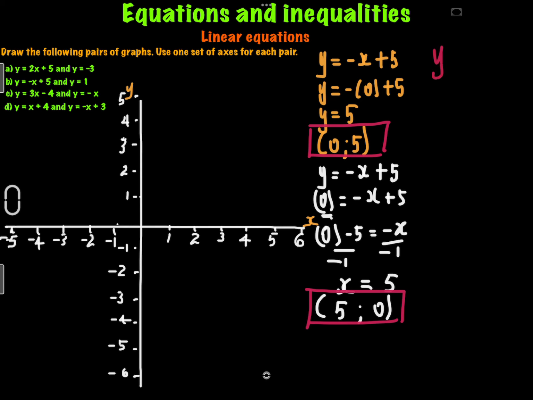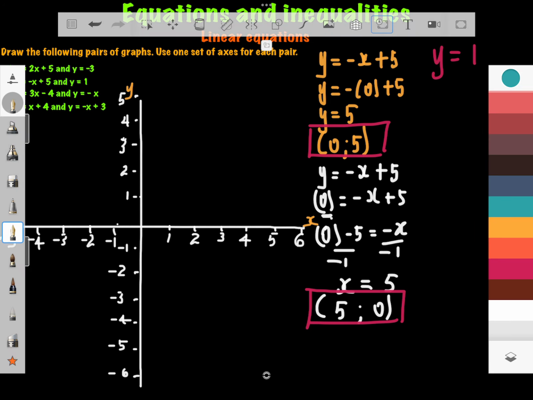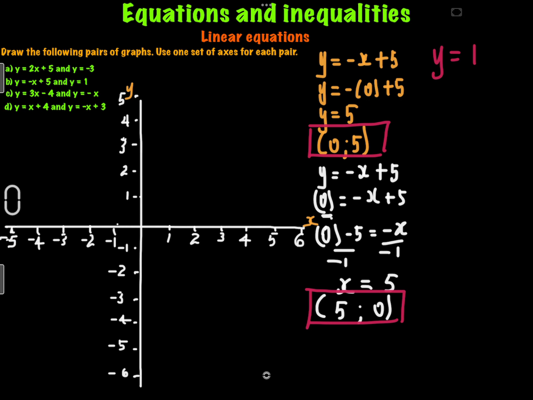So y is simply equal to -1. There we don't have any gradient, so we just have y equals the y-intercept. Technically now we need to plot those lines on the Cartesian plane.